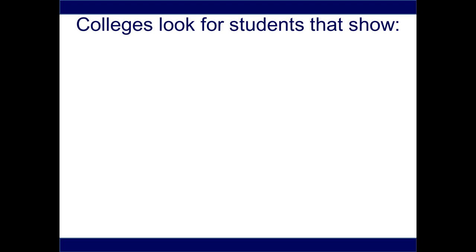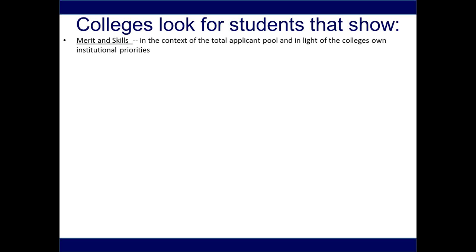So colleges are looking for students that show, obviously, merit and skills. And this is in the context of the total applicant pool that year and in light of the college's own institutional priorities.